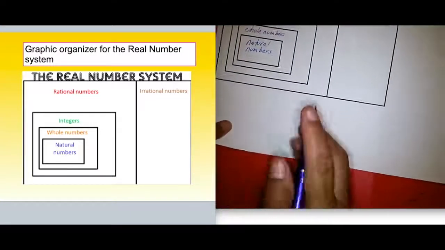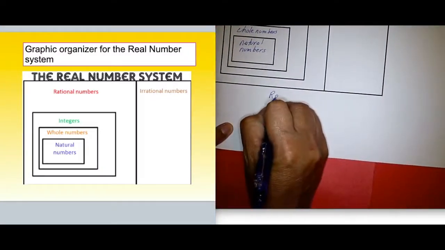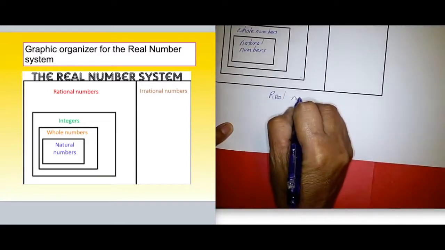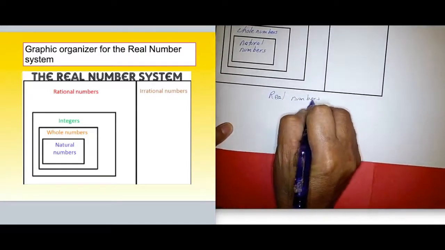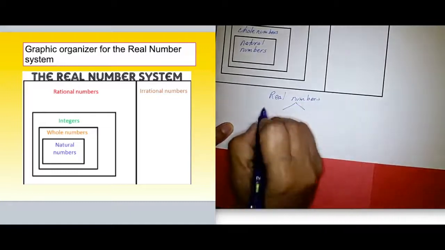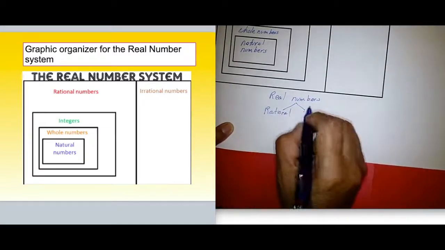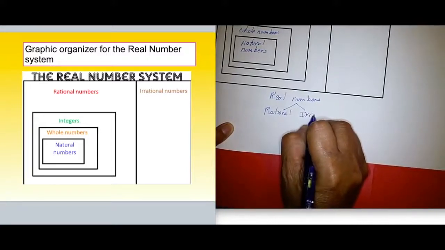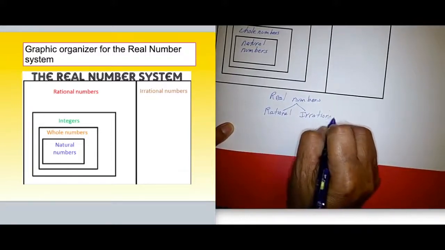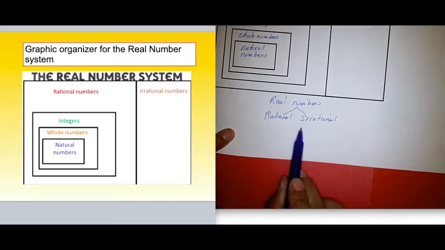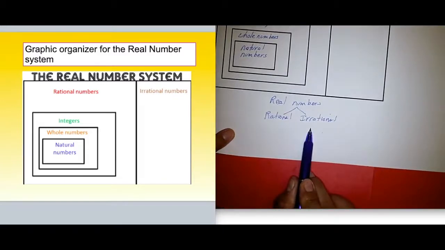One way to look at the real number system is to remember that there are 2 distinct sets. The rationals, which is displayed on the left here, and the irrational on the right. And again, these 2 are not related. They're disjoint sets.